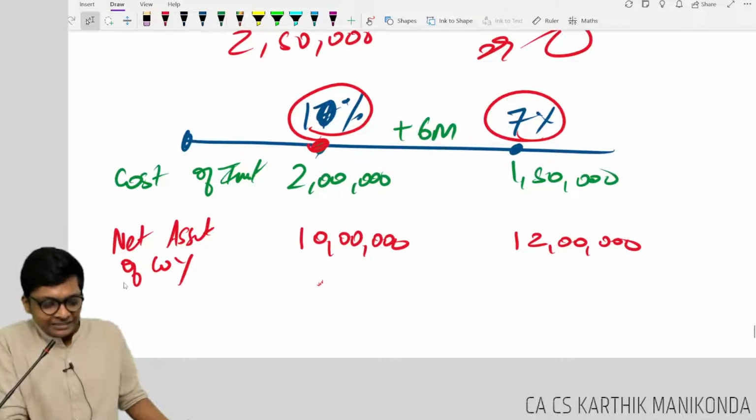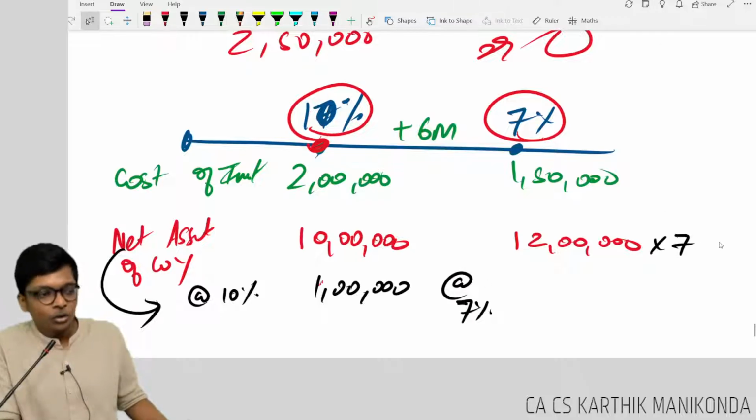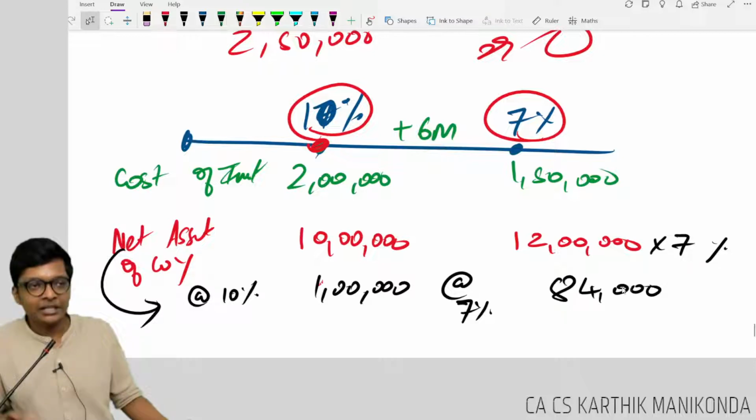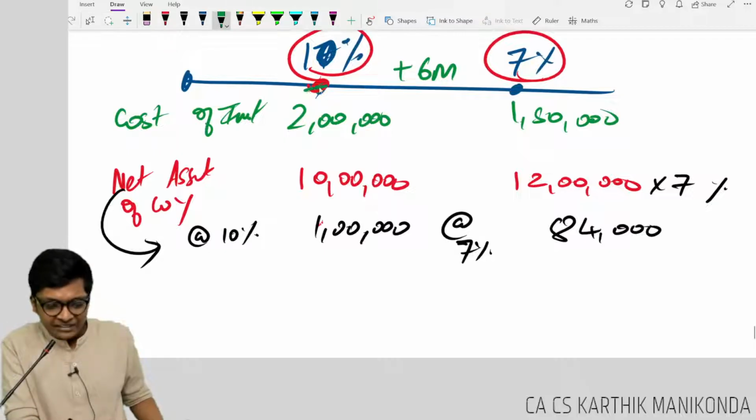But how much of the net assets did I acquire on this day? Here at 10%, how much? 1 lakh. Here at 7%, so 12 lakhs into 7%, how much? 84,000.